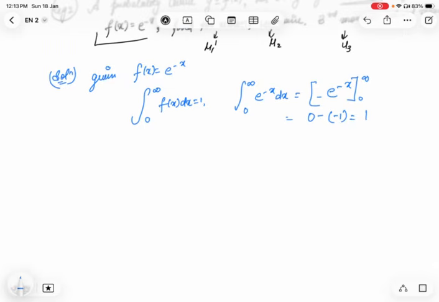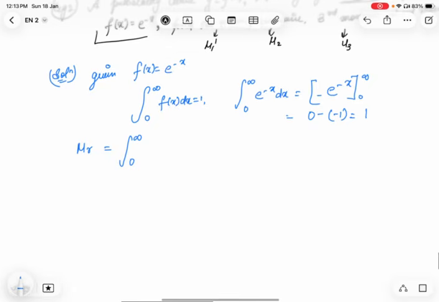So now we have to calculate mu r dash, which means the integral from 0 to infinity of x to the power r fx dx. Okay, so just put the integral from 0 to infinity of x to the power r into e to the power minus x dx. Now what is this?